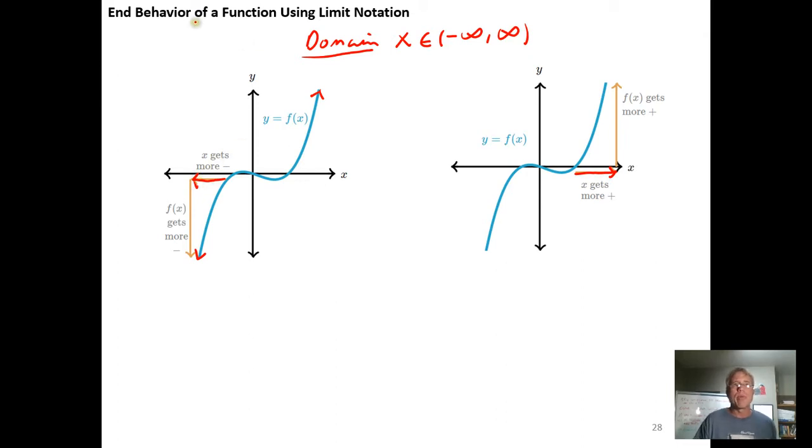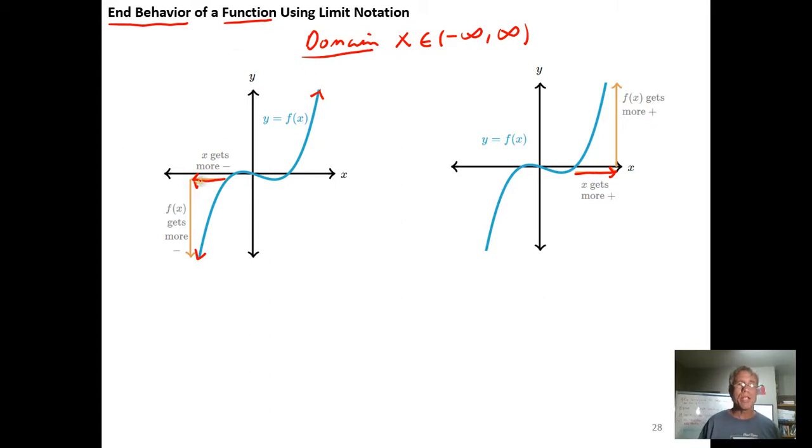And when we talk about end behavior of a function, what we're really asking is, where do the function outputs go when the inputs get infinitely big and positive, and where do the function outputs go when x gets infinitely big but negative, infinitely large negative numbers?